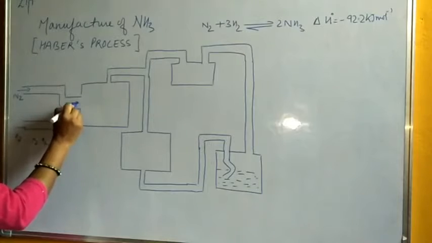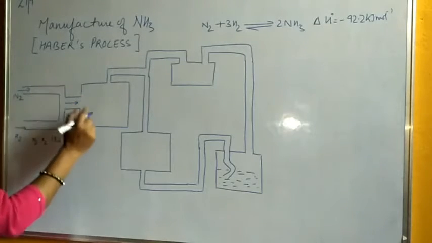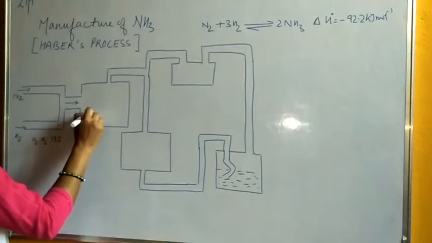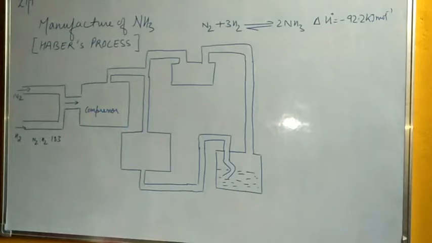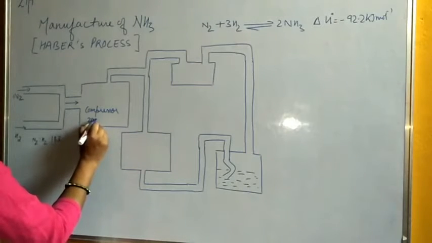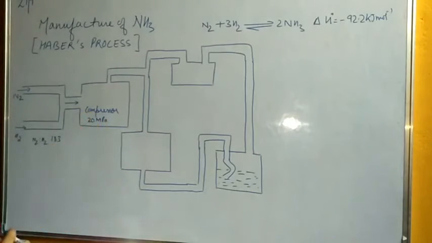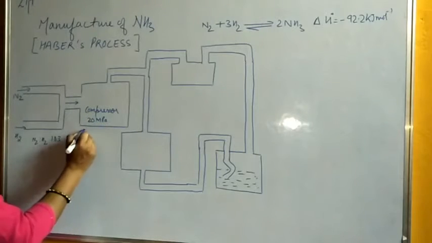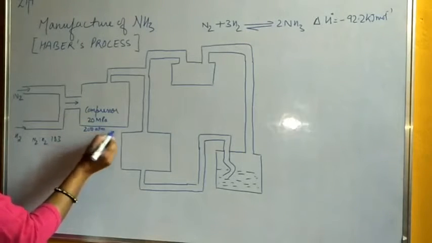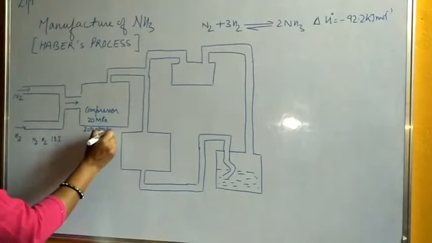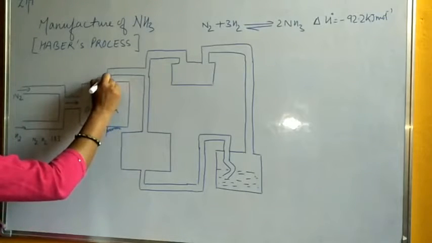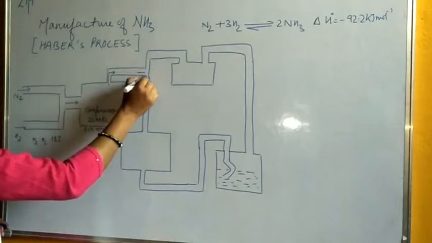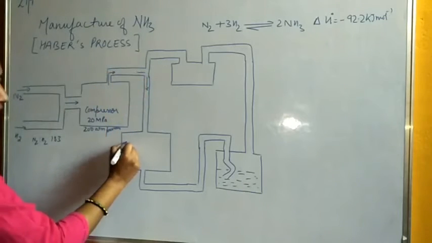So here they will enter into the compressor, where the pressure will be applied, and it is 20 megapascal pressure or nearly 200 atm pressure that is applied here, right? And when the gases are compressed here, they will be made to enter into the catalytic chamber.